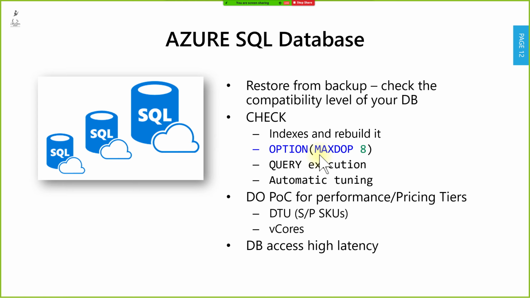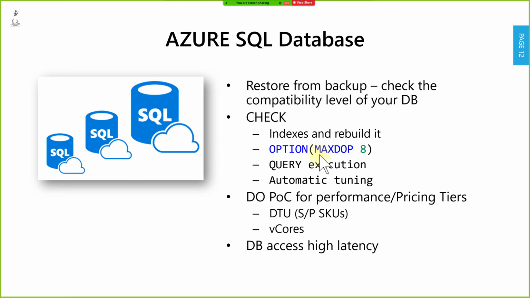You use MaxDop 1, and you have a DTU with high utilization at 100%. You switch it to MaxDop 8, and you will see that your DTU will drop to 80-60%. This is a significant difference. It means that you will be able to do more with the same money on the same scenarios.